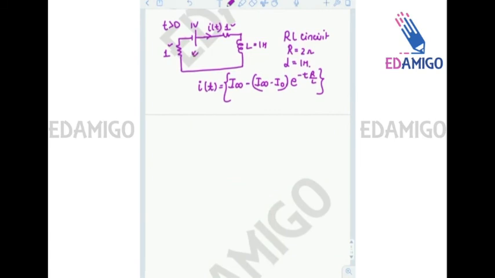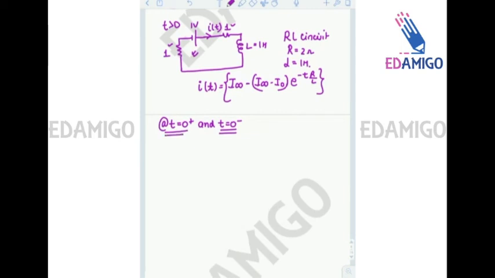Now if you look at this circuit for t greater than 0, we know that at t equals to 0 plus and at t equals to 0 minus, the inductor current does not change, and at t equals to 0 minus there was no current through the inductor.